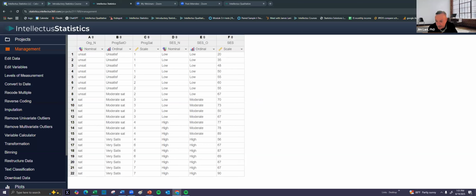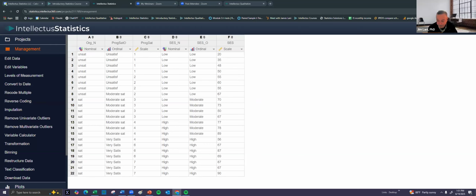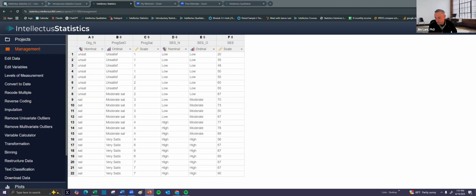Okay, got it. What's the relationship between leadership approaches and org culture in South Florida nonprofits? So what's the relationship? That sounds like, let me get back here.